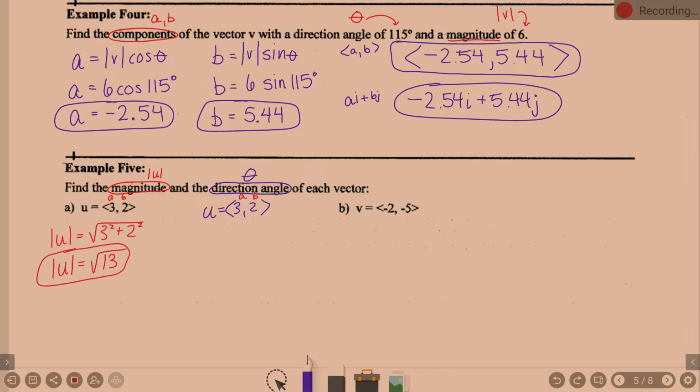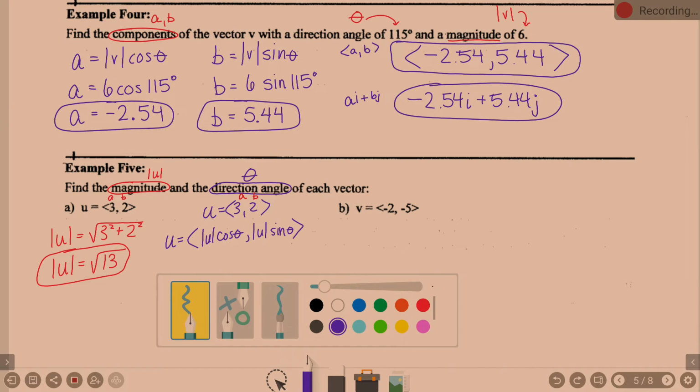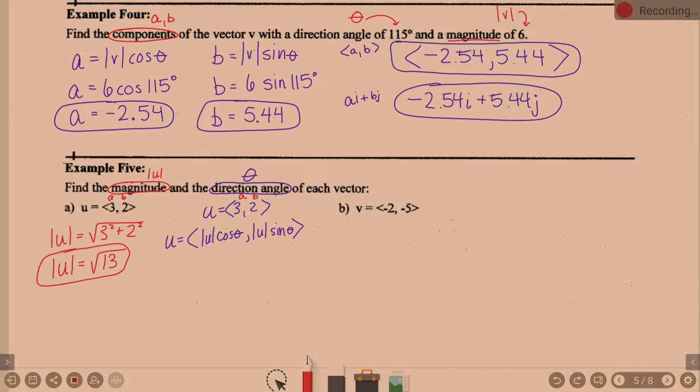So the idea is this vector could be written as absolute value of u times cosine theta, and absolute value of u times sine theta, yes? Based on our horizontal and vertical components up above, we can do that.